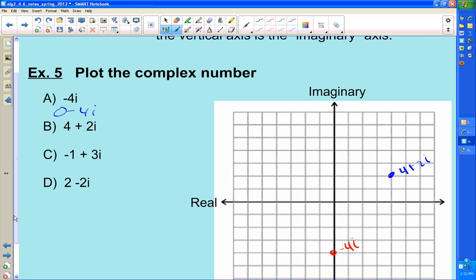Negative 1 plus 3i. Real part, negative 1. Imaginary part, 3i. And finally, 2 minus 2i: right 2, down 2. You have an imaginary number there.